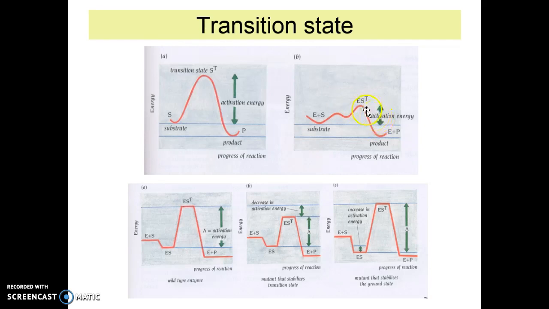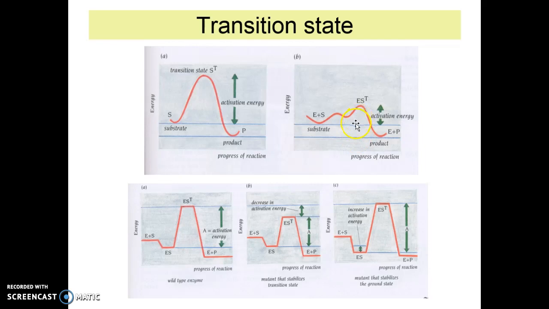This accelerates the reaction rate. Both reactions, A and B, proceed through one or several transition states. Only one transition state is shown in A, whereas the two bumps in B represent two different transition states.